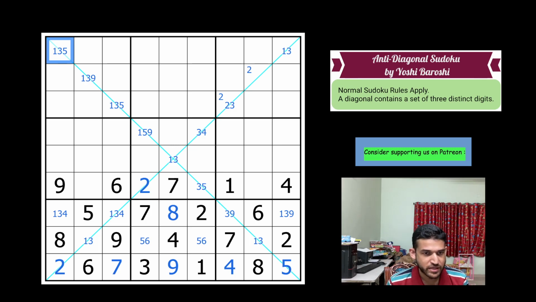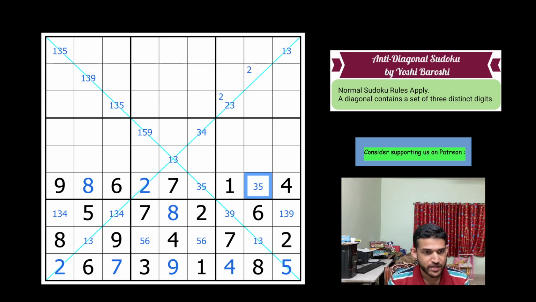Okay, where does the 8 go in this row? 8 cannot be here, so 8 goes here, which means this will be 3 or a 5. Okay, this is interesting.